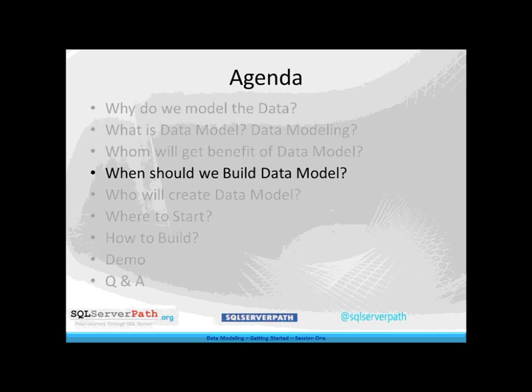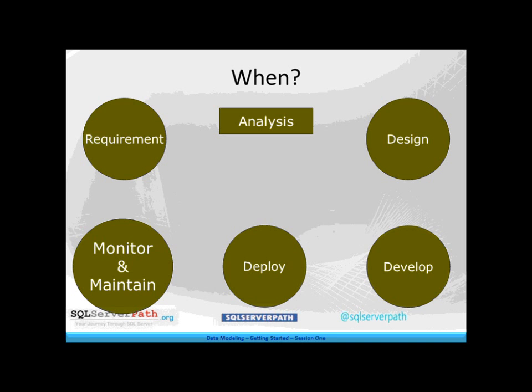Here, when should we build the data model? This is one of the important steps that we have to understand. As you know, in a normal development life cycle, either waterfall, traditional or agile development, you have the phases of development, starting from the requirement, and then there will be analysis, design, and you will develop the solution, and you will deploy it, and it goes into continuous monitoring and maintenance.